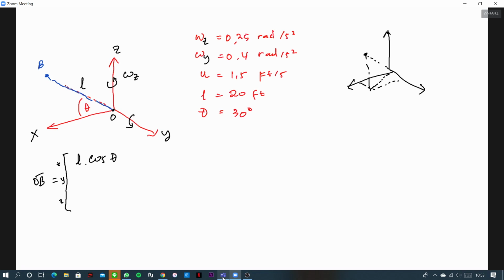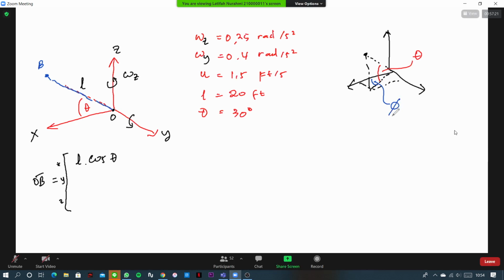We have this angle, and at the same time we also have this small angle. The red one we call theta, and the blue one we call phi.